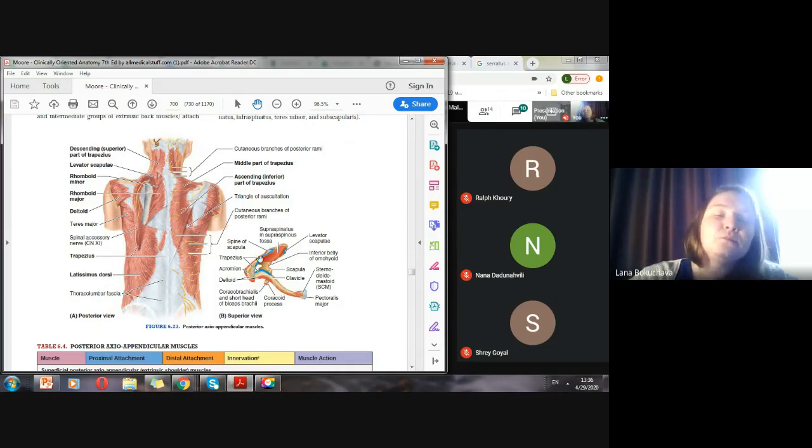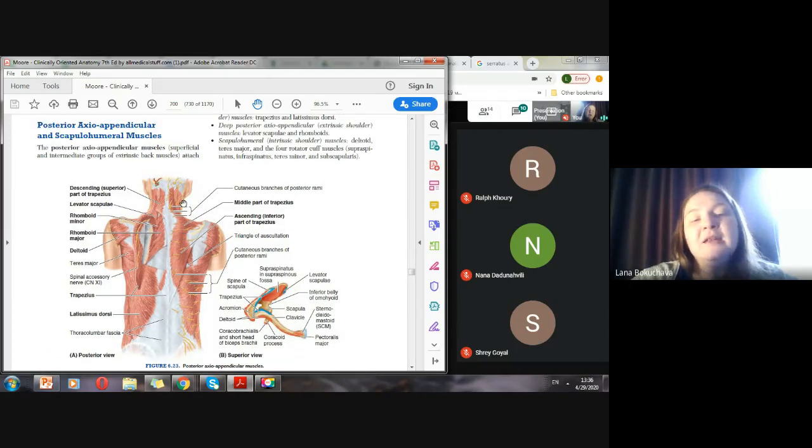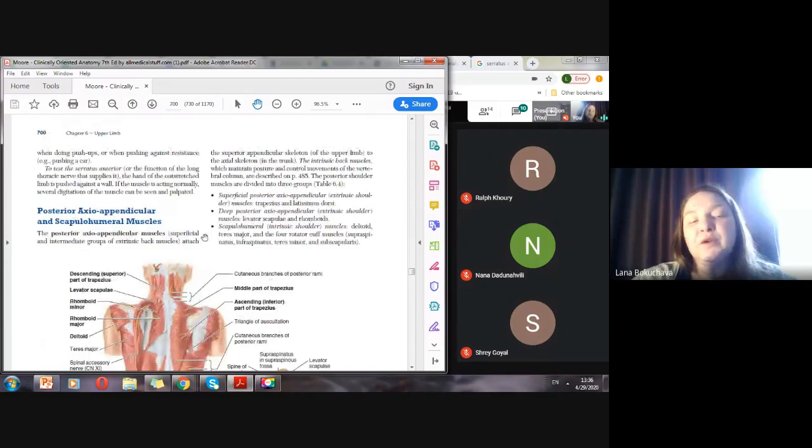Here you can see that we mainly subdivided them into the superficial and the intermediate groups. Do you remember we talked about that when discussing the muscles of the back, that extrinsic muscles can be subdivided into two main parts, yes? So it was the superficial and the intermediate group of the extrinsic back muscles. All of them together comprise the posterior axio-appendicular muscles.